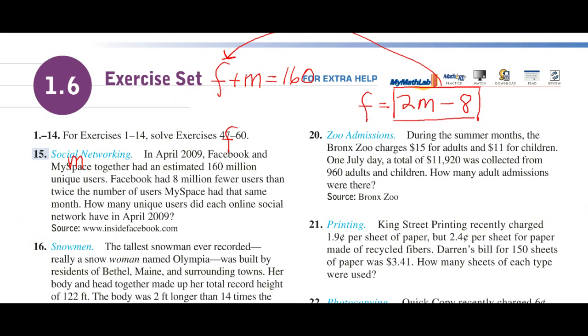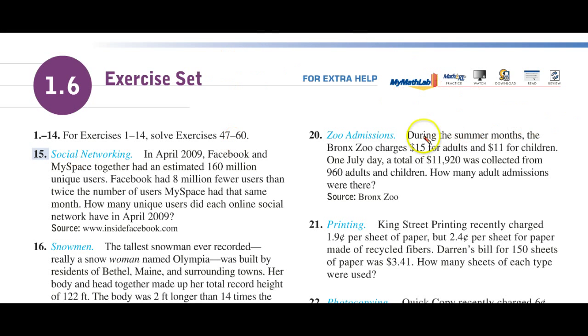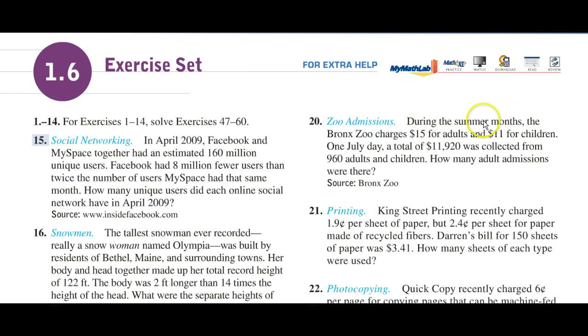And since we're right on this page, let's take a look at example 20. Again, you want to read it through carefully and determine what letters you might use. As I read it over, the letters that you would use jump right out. A for adults, C for children.